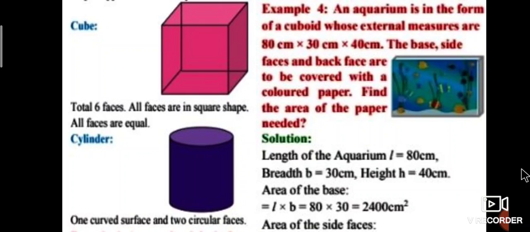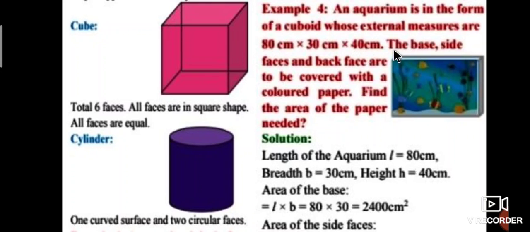Okay, next one is example 4. An aquarium is in the form of a cuboid whose external measures are 80 centimeter into 30 centimeter into 40 centimeter.